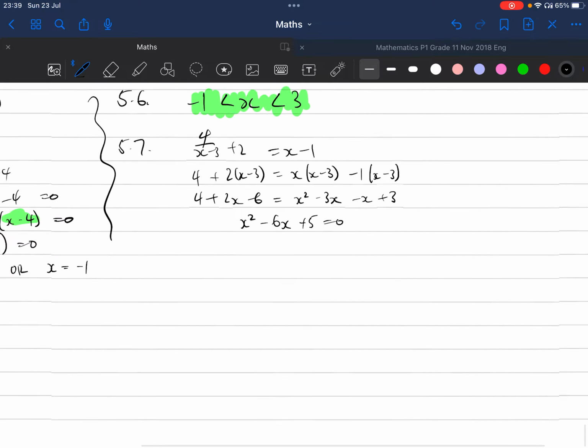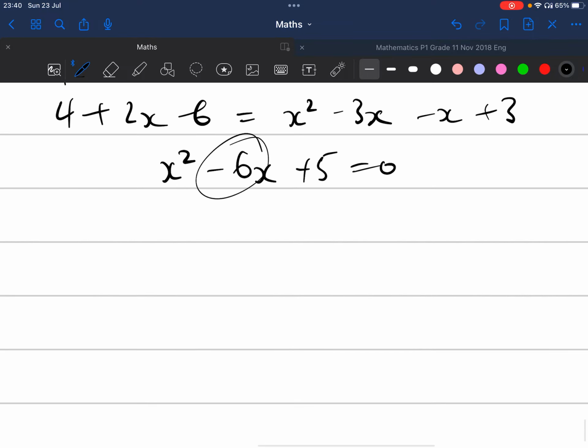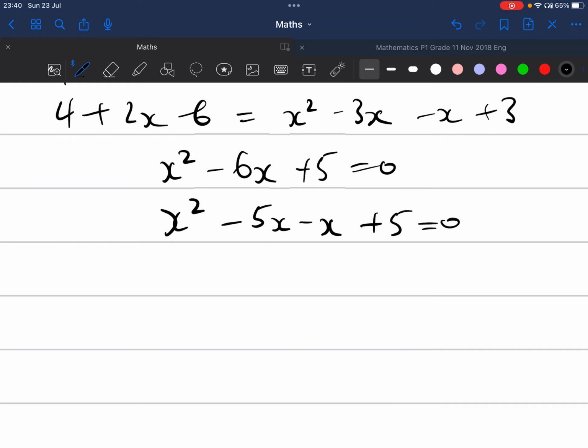Again, we're going to look for two numbers that when I add them together, I get minus 6, and when I multiply them, I get plus 5. So x squared, let's try minus 5x minus 1x plus 5 equals 0. If I take minus 5 minus 1, I get minus 6.